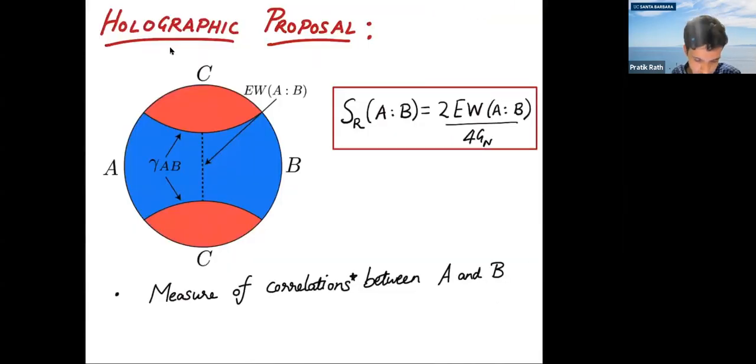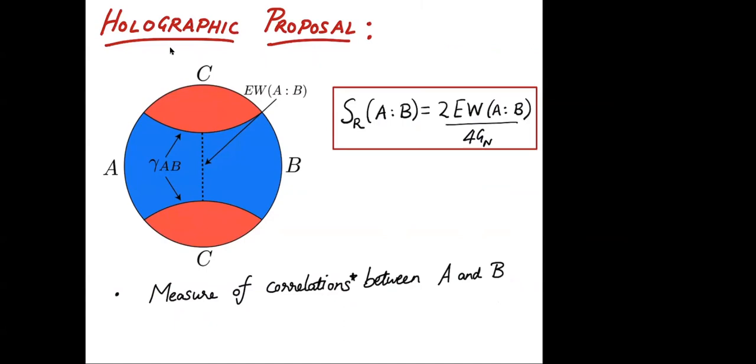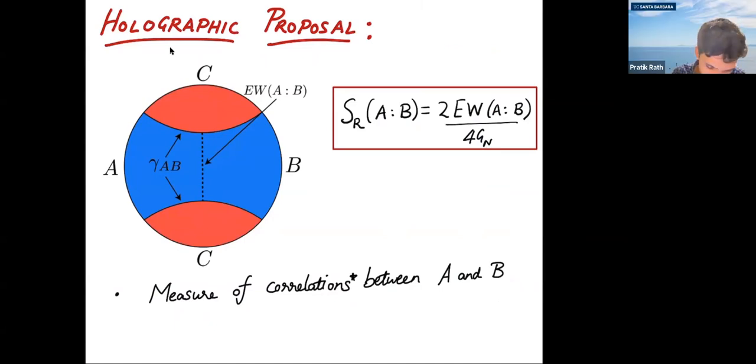Good. So let's see why this is such a useful measure holographically. The proposal by Dutta and Faulkner was essentially that this takes a very simple form. It has a nice holographic dual, and the holographic dual is the following. We consider the entanglement wedge of A and B. So for example, let's take two intervals in AdS, which are in the connected phase. We take these intervals to be large enough so that the entanglement wedge is this blue region.